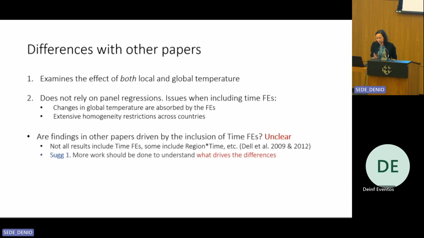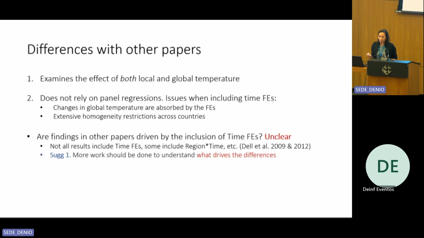However, I think this argument might not be very strong. Are the findings in other papers driven by the inclusion of time fixed effects, and is that the reason why these papers find that poor countries are affected the most? It is unclear that this is the case. In the papers that I reviewed in the literature review, not all of them include time fixed effects; one of them does not, so the results are not driven by time fixed effects, and they still find that poorer countries are affected the most.